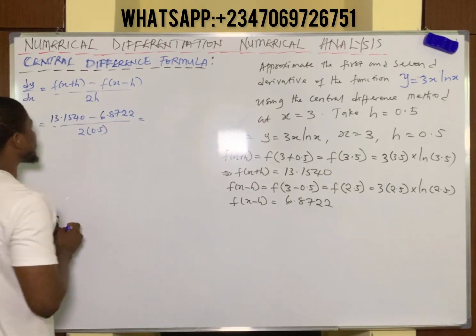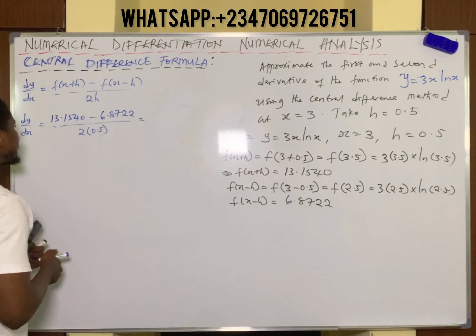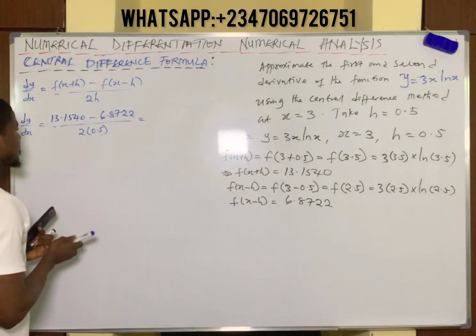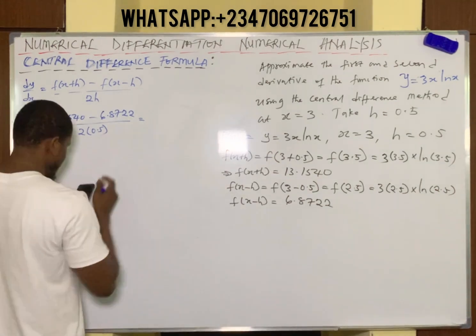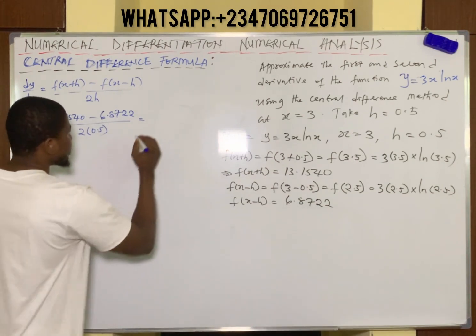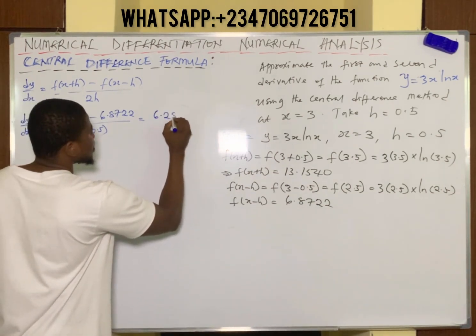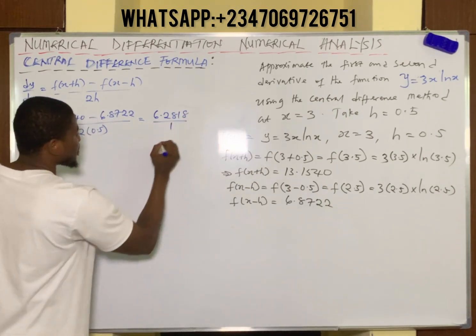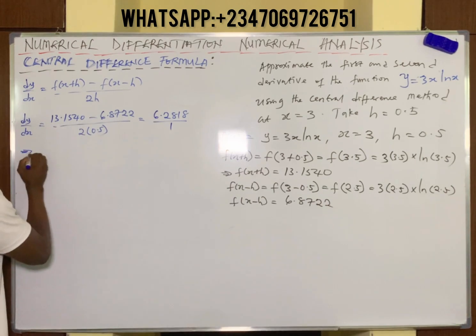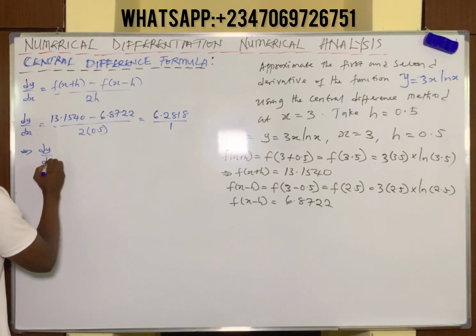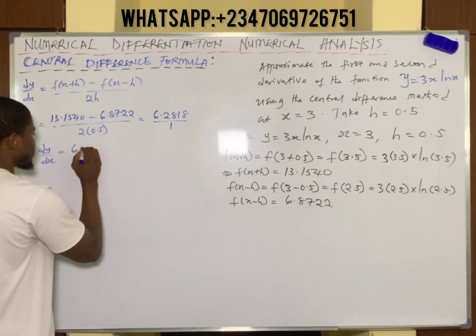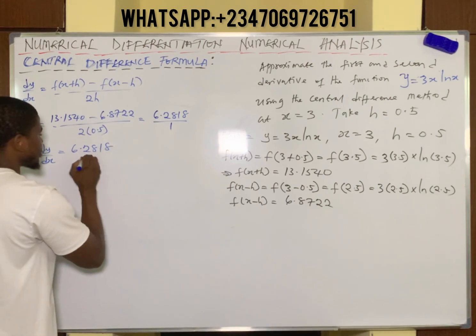So let's compute everything. 13.1540 minus 6.8722 gives us 6.2818. 6.2818 divided by 2 times 0.5, which is simply 1. So for that given question, our first derivative approximation using the central difference method is simply 6.2818.